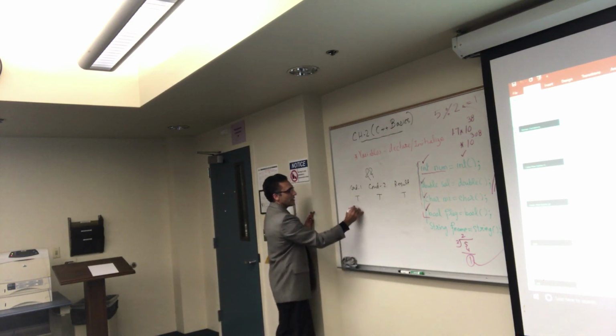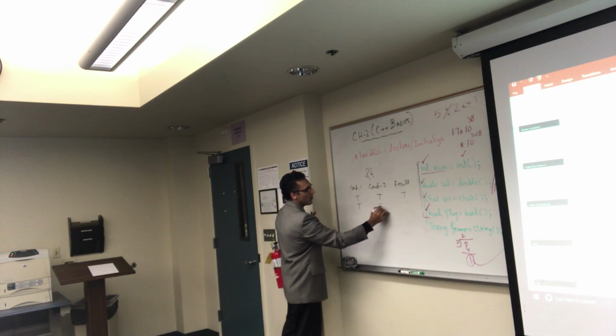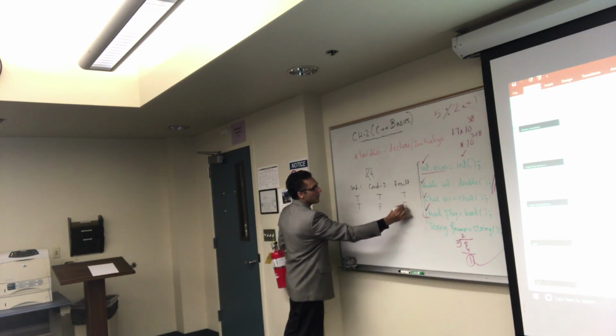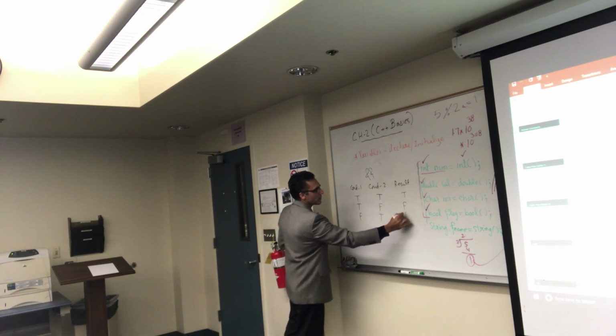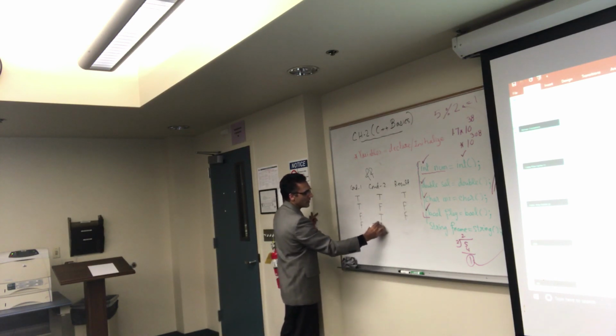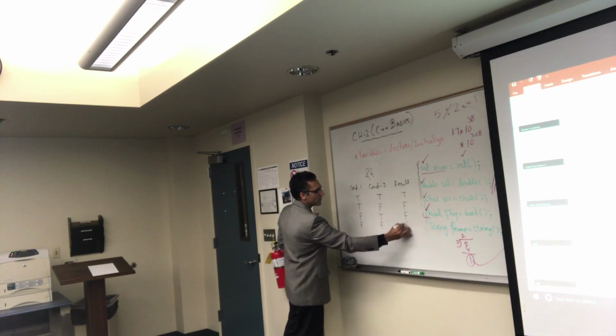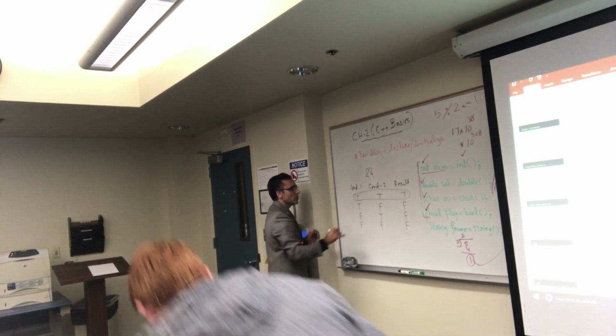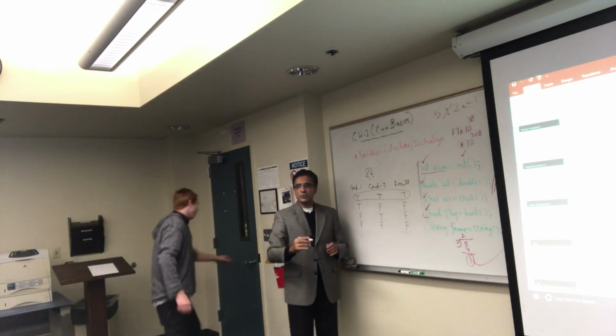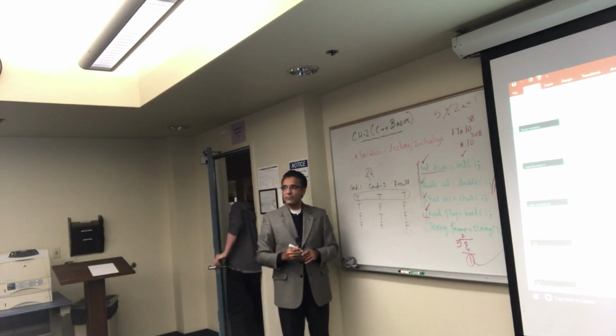True. In case of AND, if the first one is true, the second one is false, false. If the first one is false, the second one is true, false. If the first one is false, the second one is false, false. So in case of AND, it's only true when all the conditions are true. First, second, third, all of them are true.